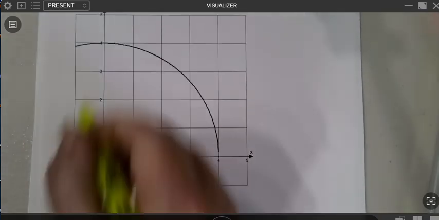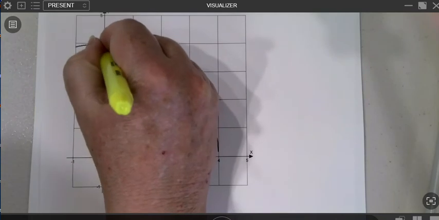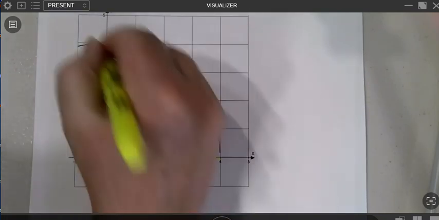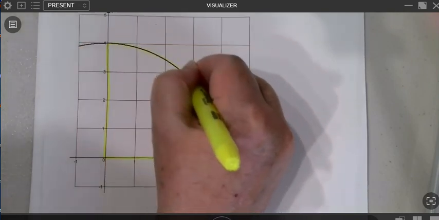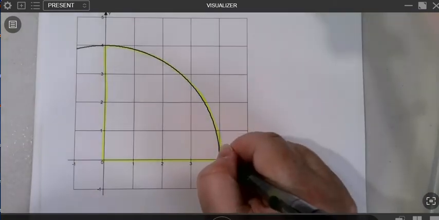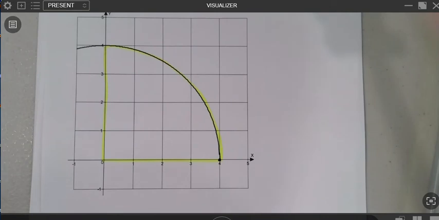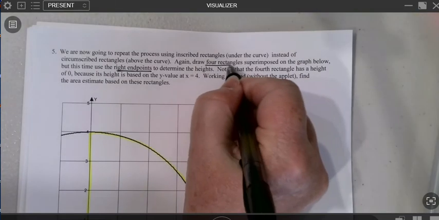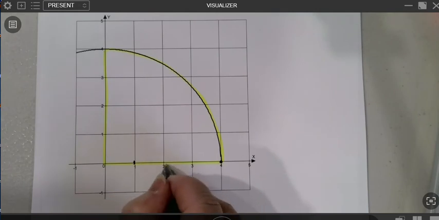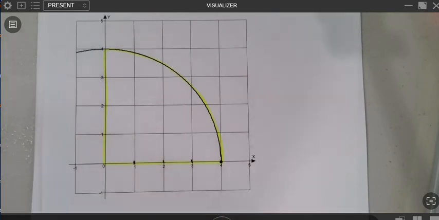Here's our familiar little quarter circle again. And for this first time, I think I said 4 rectangles. So n is 4. So we're just going with the 1, 2, 3, and 4, like we did the first time.